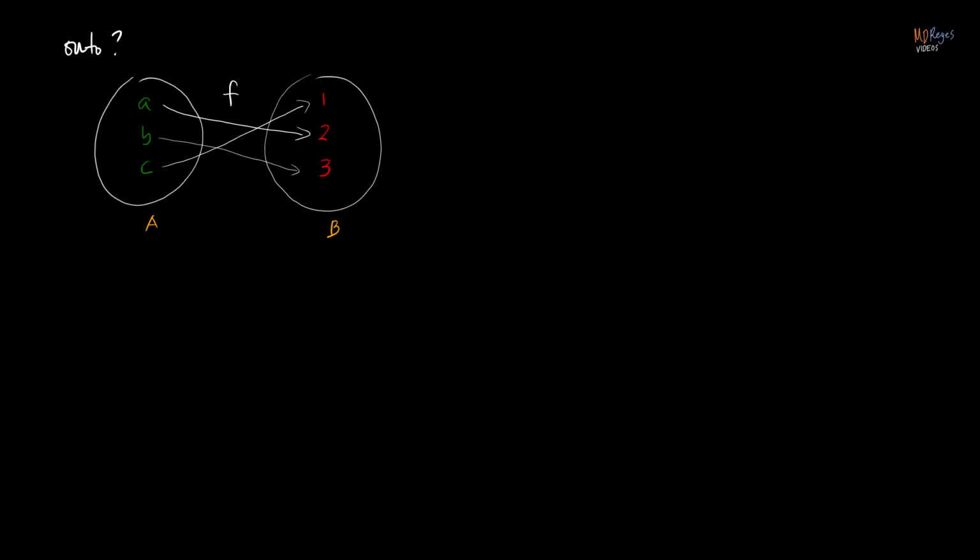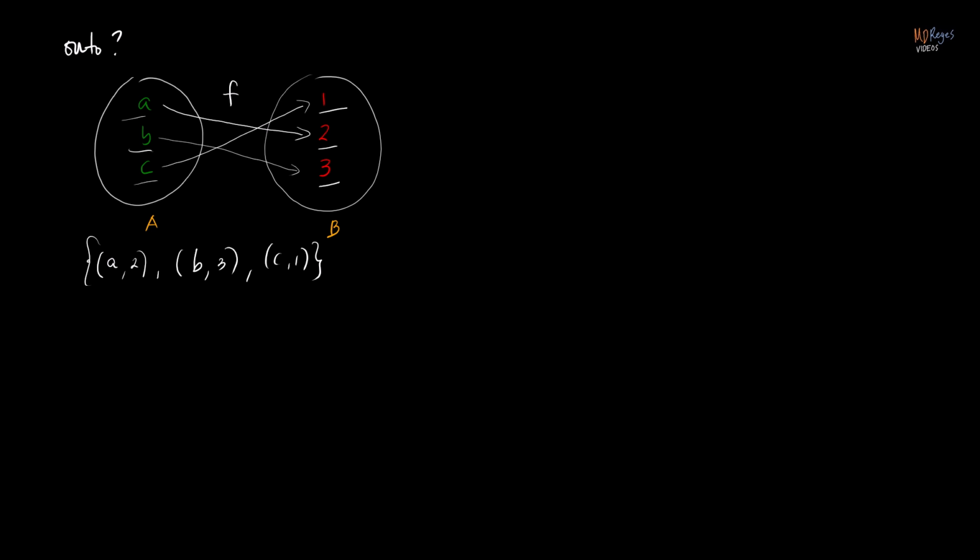Now this function f is both one-to-one and onto. This is one-to-one because each element in A maps onto one and only one element of B. So we'll have the ordered pairs: a goes to 2, and then b goes to 3, and then c goes to 1.